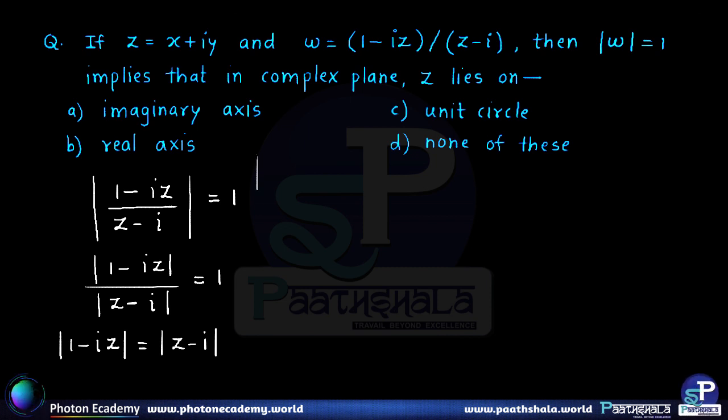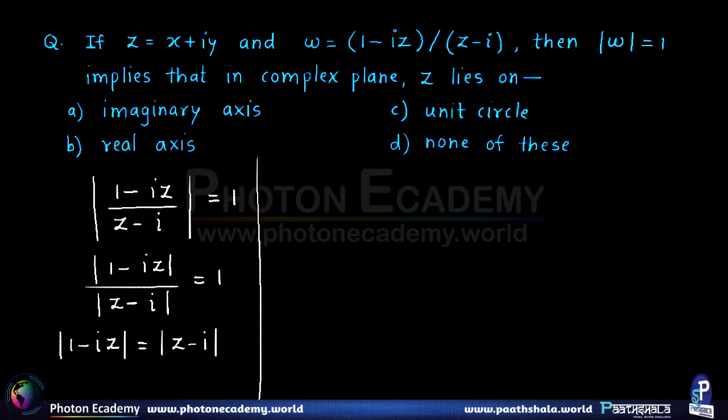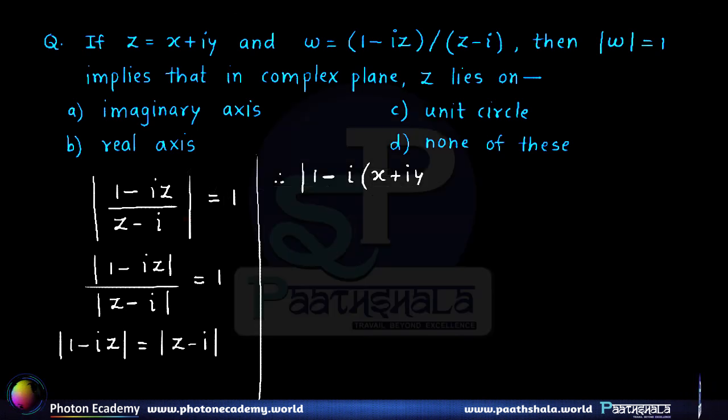Now substituting the value of z, that is we are given that z equal to x plus iy, which is a general complex number. So substituting the values, we'll get mod of 1 minus i into (x plus iy) is equal to mod of x plus iy minus i.